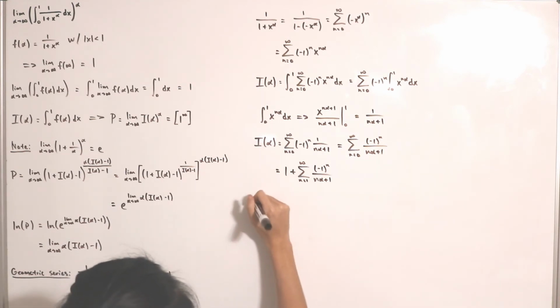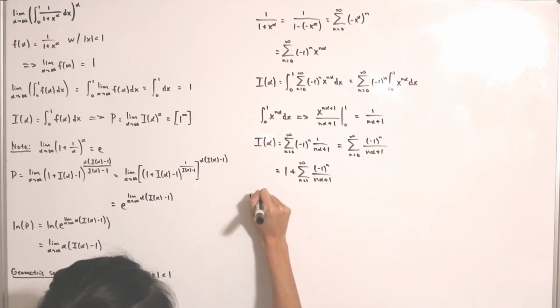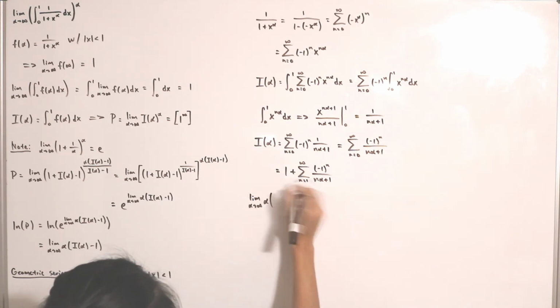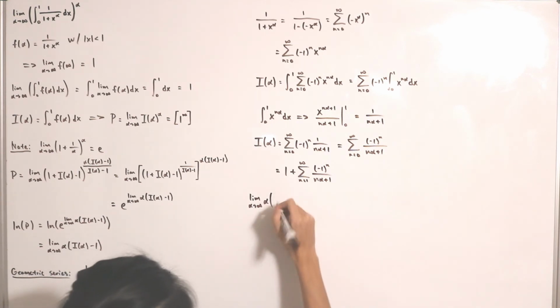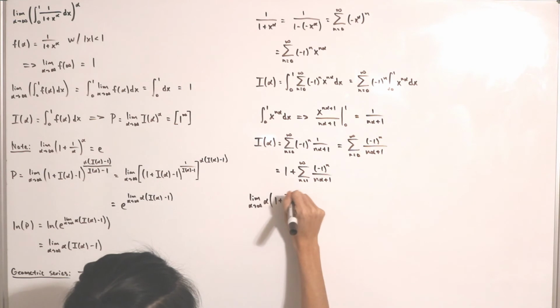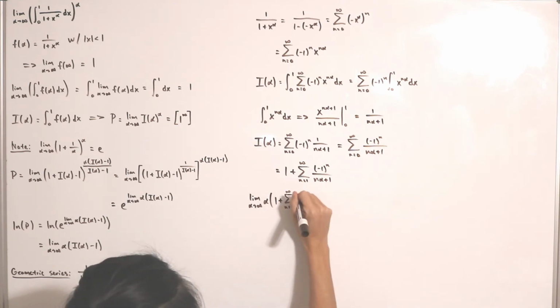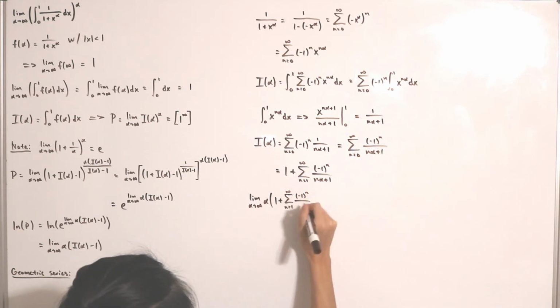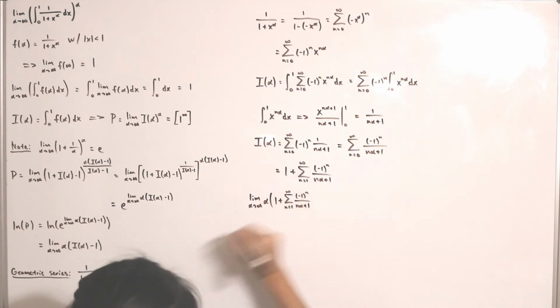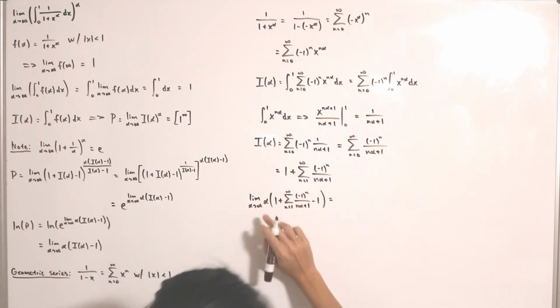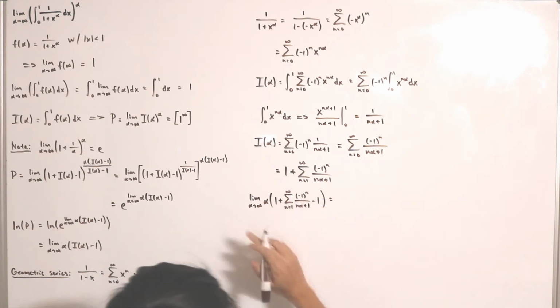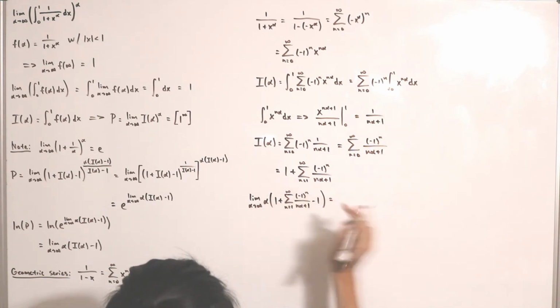So we write this as the limit as alpha approaches infinity of alpha multiplied by 1 plus the infinite series at n equals 1 of (-1)^n divided by (n alpha + 1), and then minus 1. Let me clean this up a little bit. So 1 minus 1 is 0, and then I can just distribute the alpha.